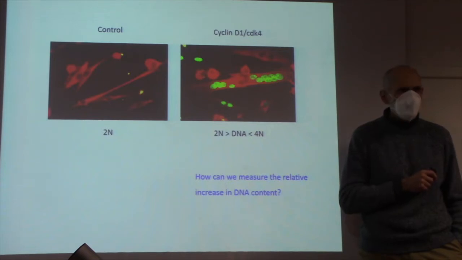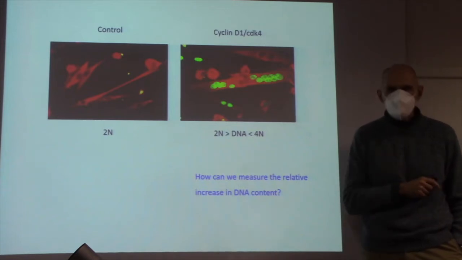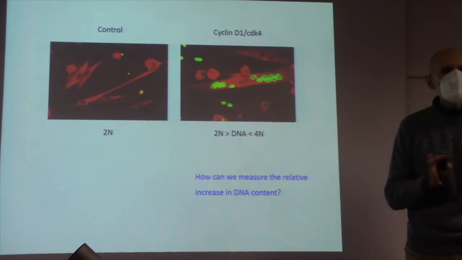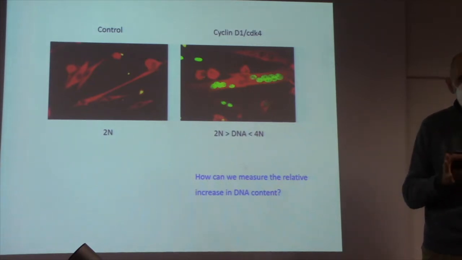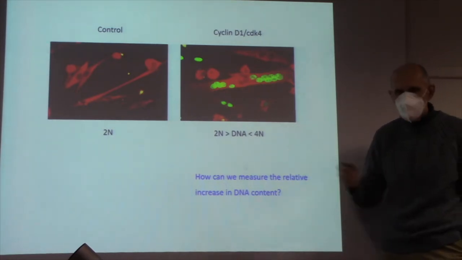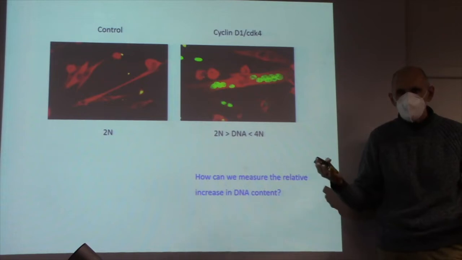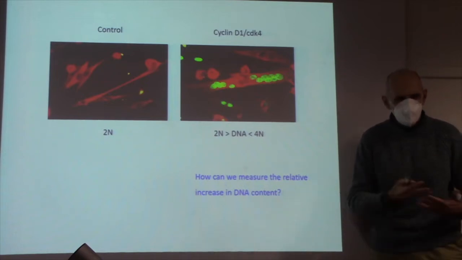So, first of all, we considered the possibility of extracting DNA. We didn't do the experiment, actually. We just considered the possibility of extracting DNA from these cultures, of course making sure that they contain the same number of cells, so they could be directly compared.